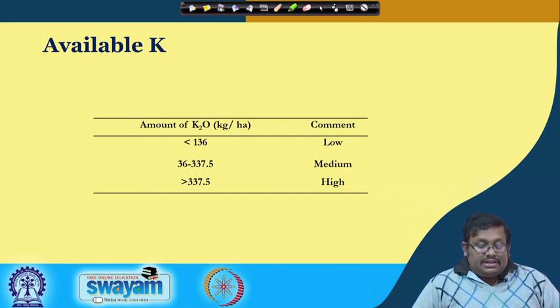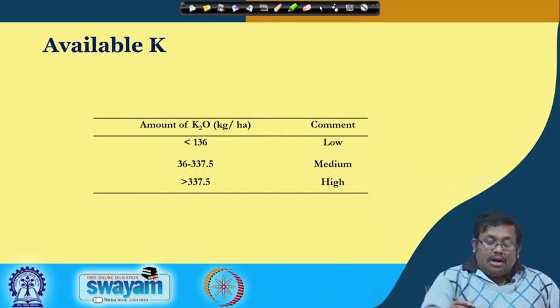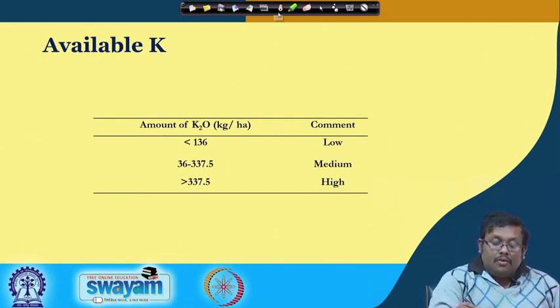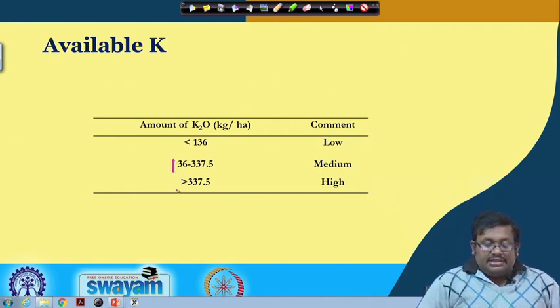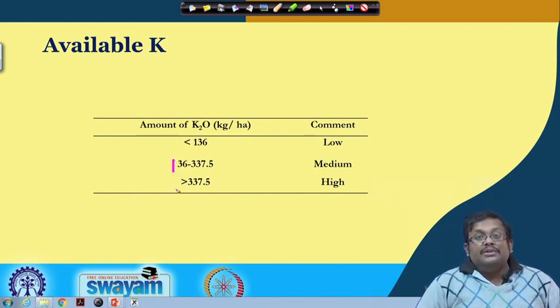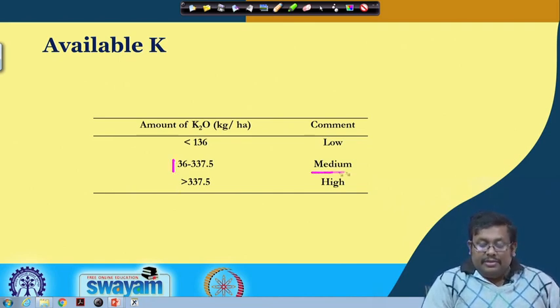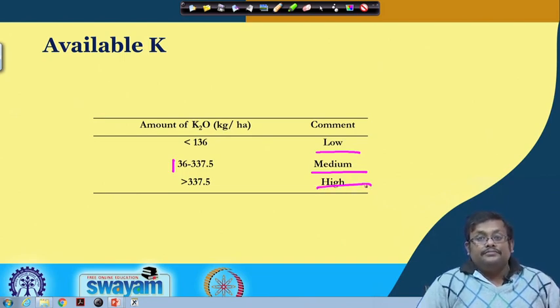If it is varying from 136 to 337.5, then we call it medium, and when it is less than 136 we will call it low, when it is greater than 337.5 we will call it high. So, these are the different grades of available potassium in kg per hectare.